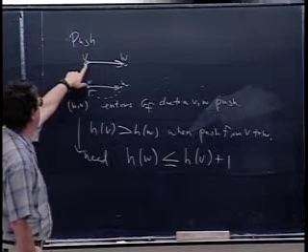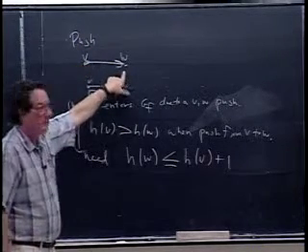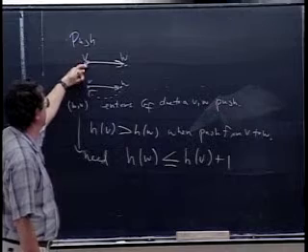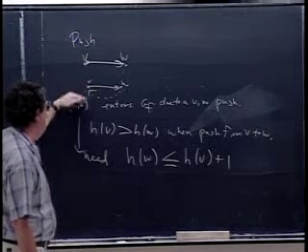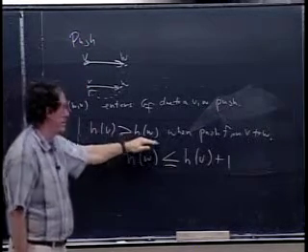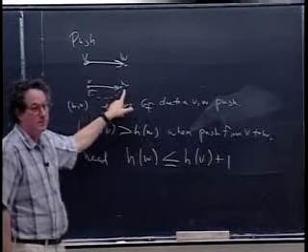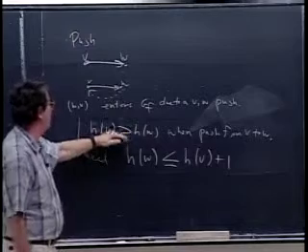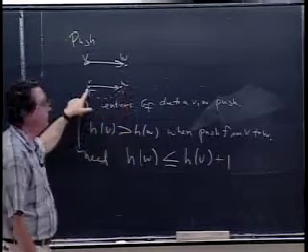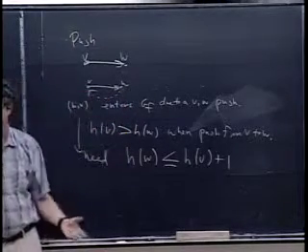Okay, so we have a push from V to W. In order to do a push, of course, we have to have h of V greater than h of W. That's a condition for a push from V to W. Once that happens, it may be that the edge W to V comes into the next residual graph.